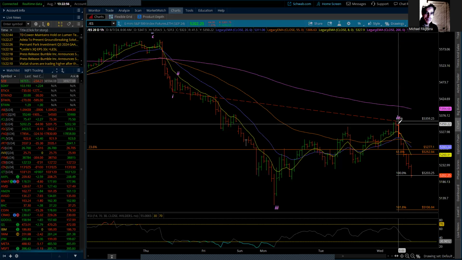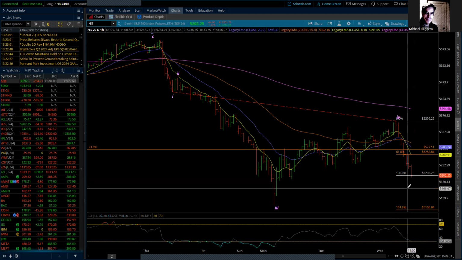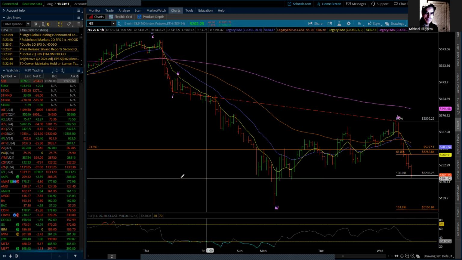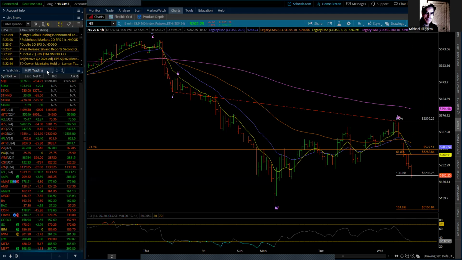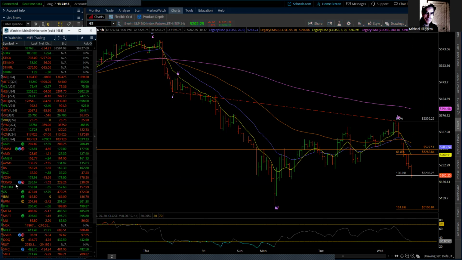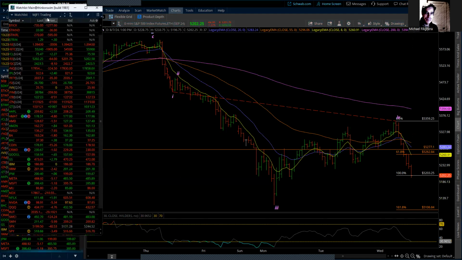So now I want to point out a really important level in the S&P. I need you to look to see where this closed today: 5202. I have to move this so I can bring it out. The SPX, I'm going to put it right there in the middle so you all can see it.